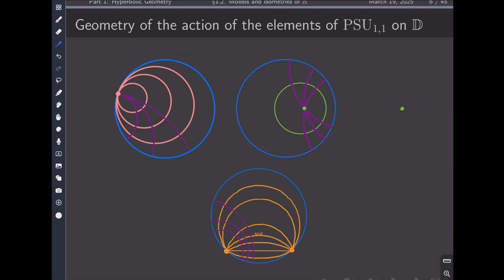What other thing to notice? Here the nice thing is that the family of circles preserved by my parabolic transformation look really nice in the sense that they are all tangent to this circle, and as you let the Euclidean radius increase, they really converge to the circle.